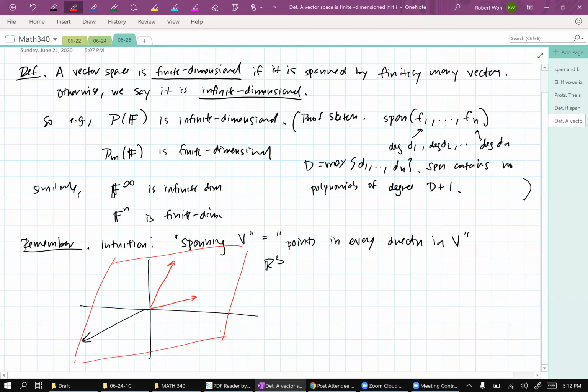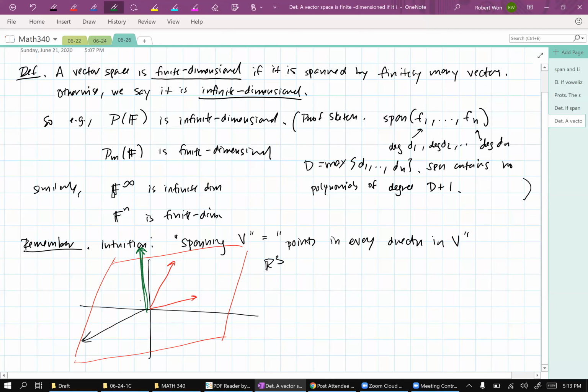They're not pointing in every direction because they're not pointing out of the plane, right? But once you add another vector which points out of the plane, in this picture anyway, now you can get anywhere along the plane, and then you can take some scalar multiple of this green vector to lift out of the plane, and you can get everywhere in R3. These 3 vectors point in all of the directions of R3.